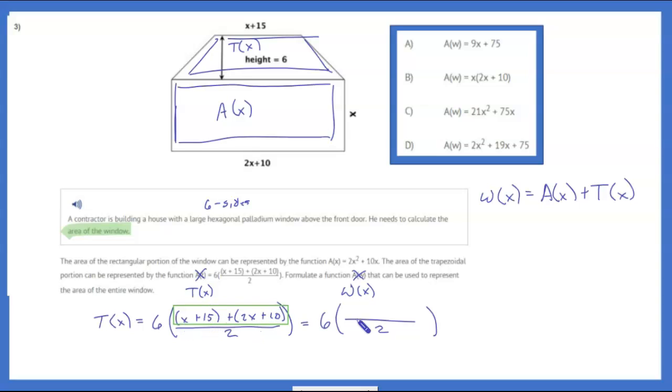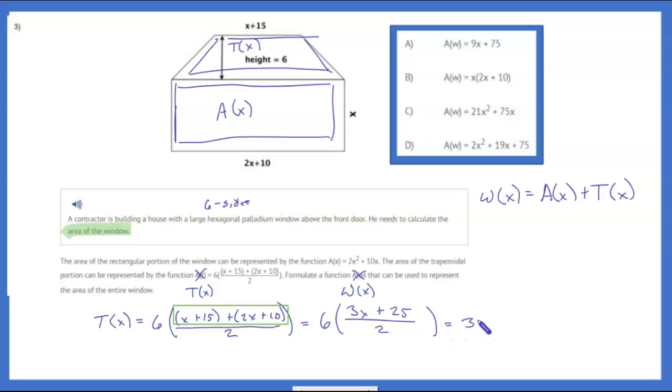So x plus 2x will combine those like terms to 3x. And 15 plus 10 will combine those like terms to 25. Now we can actually also perform this division as well. 6 divided by 2. So this is 6 times all of this stuff, and then divided by 2. 6 divided by 2 is 3. So we can simplify that as well.